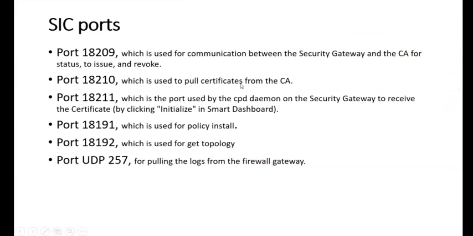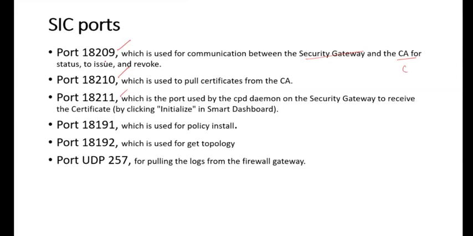So these are some SIC ports that we discussed: 18209, 18210, and 18211. Port 18209 is used for the communication between the security gateway and the CA. The CA is the certificate authority which is available in the management server.